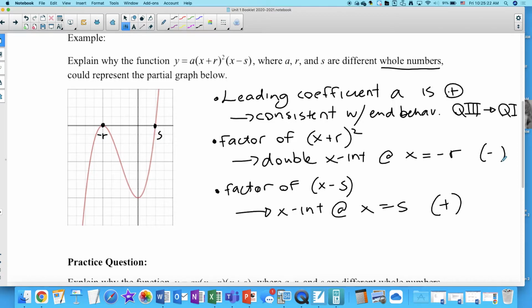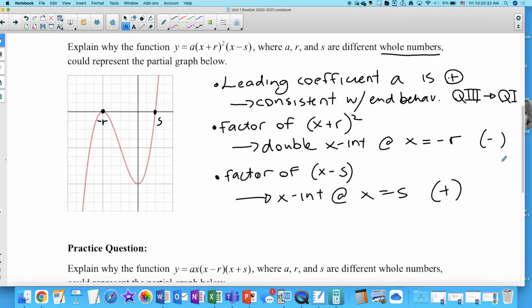Okay, yeah, good question. So where does the negative r come from? The negative r comes from the fact that on the x-intercept, y has to be 0, because vertically, you're always at 0. So if this guy over here is 0, one of these must be 0, because you're multiplying stuff together to make 0. Okay?